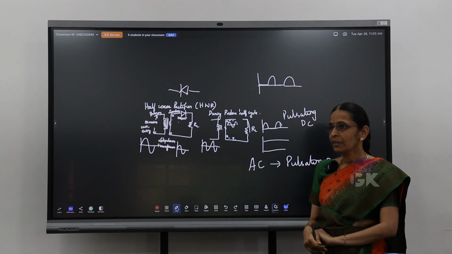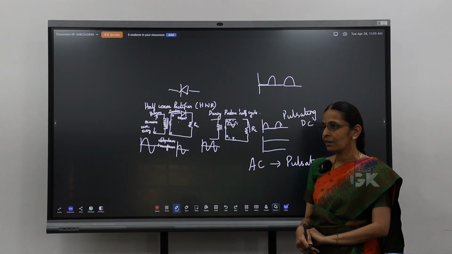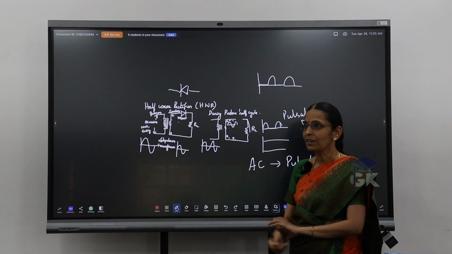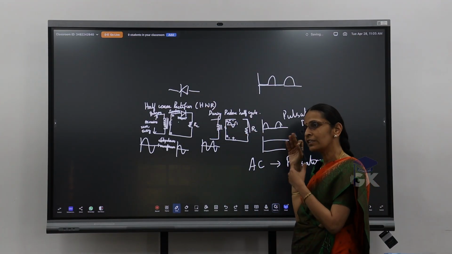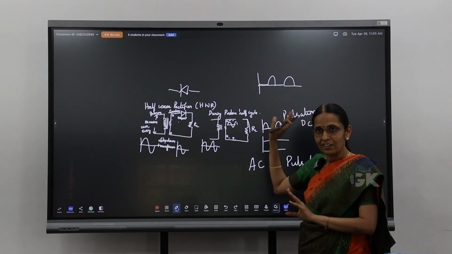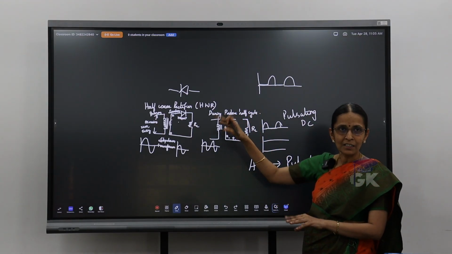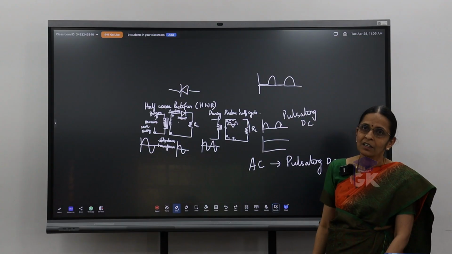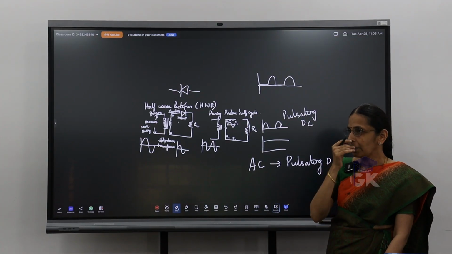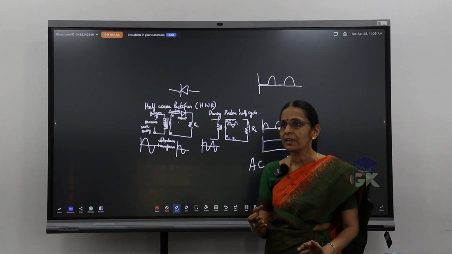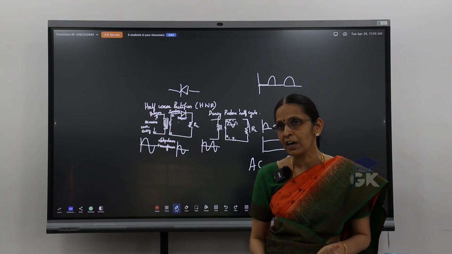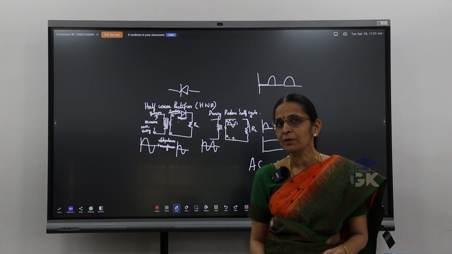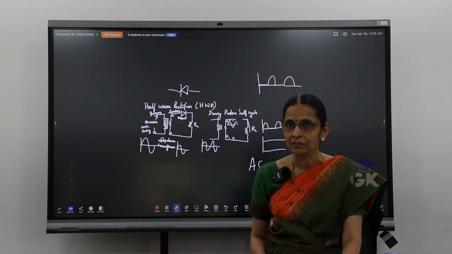Clear? So if your student by mistake has connected the diode in the reverse direction and you are looking for this waveform and you are telling no, it is wrong. No, it's not wrong. It is rectified only. But what he has done is he has interchanged the polarities of the diode. Because generally when they say rectification, it rectifies the positive half cycle.